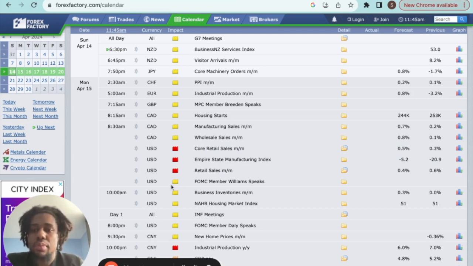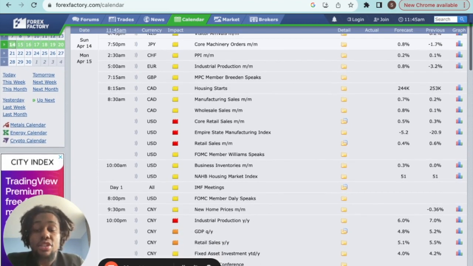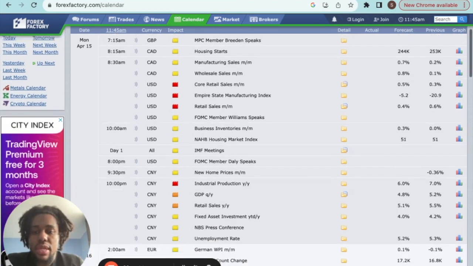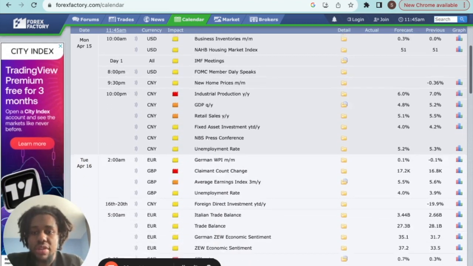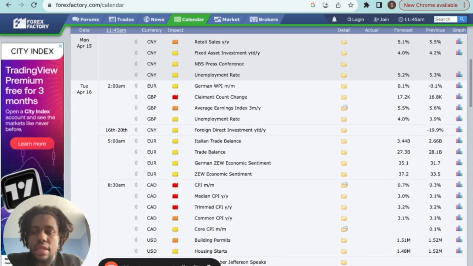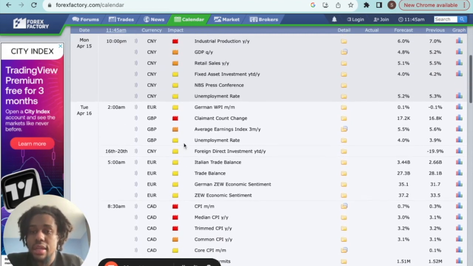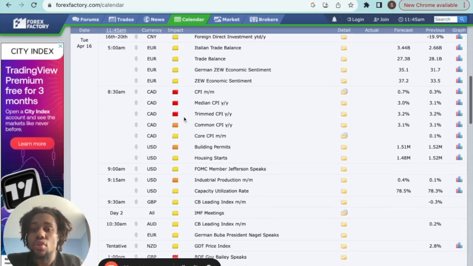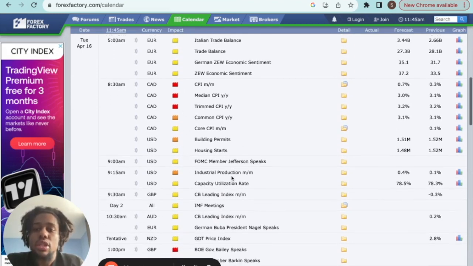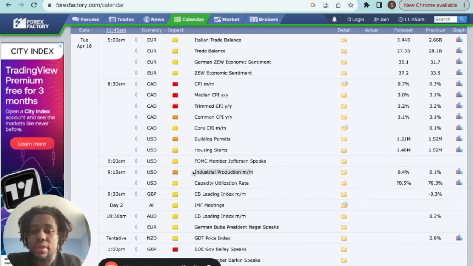the same time. So Monday was looking like a good setup, but again, that could change due to the nature of the markets this week and the fundamental news drivers. Tuesday was also looking like a good day, looking like a good London day, looking like a good New York day as well, with building permits being the only USD driver, and then we have a London closed new USD driver on Tuesday as well.